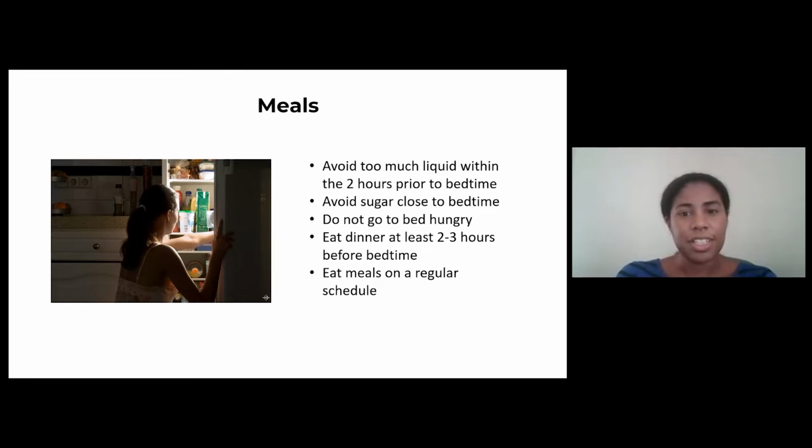And this is because, remember your homeostatic sleep drive, that pressure is being relieved while you sleep.